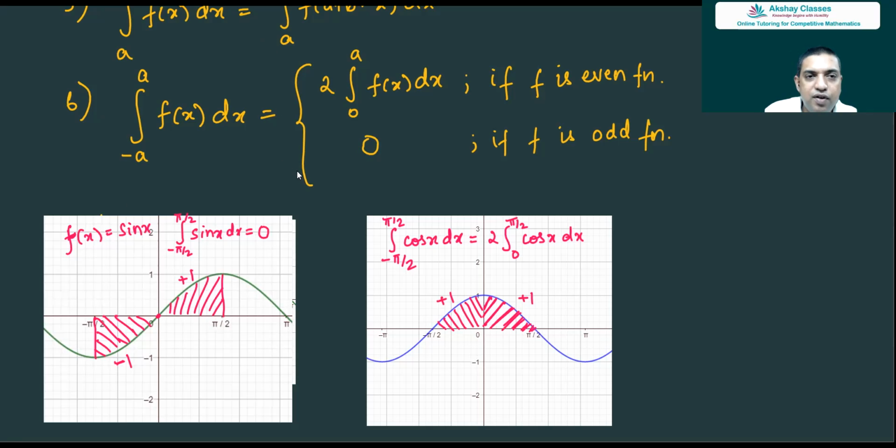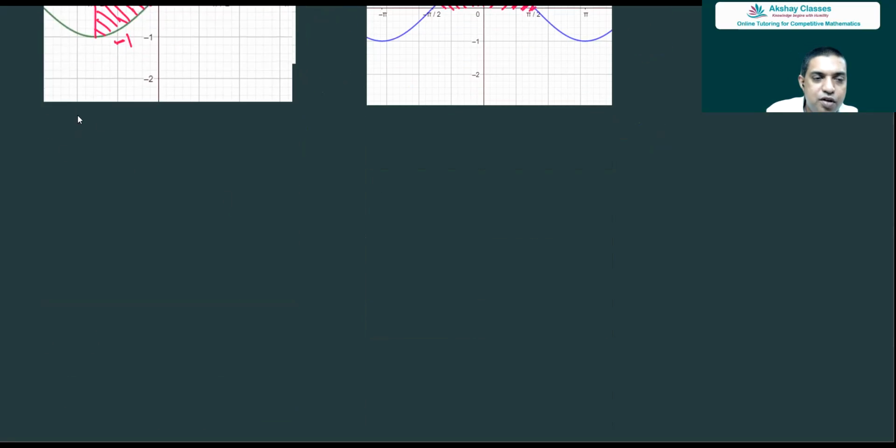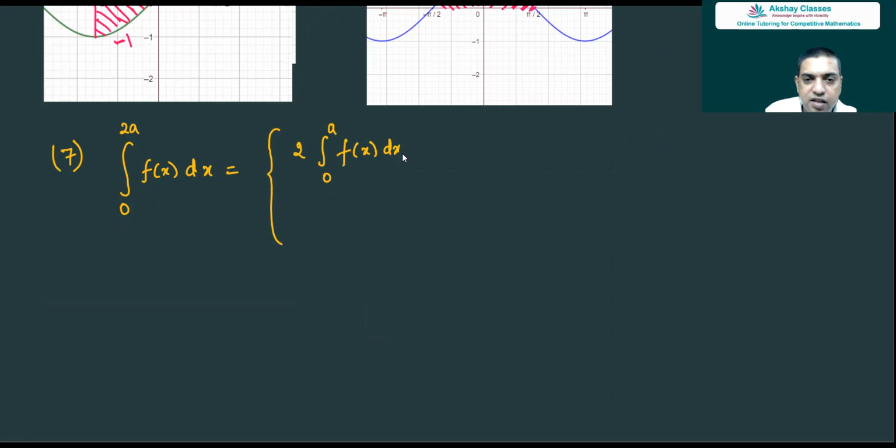And again, another property of symmetry, the last one we will do now, and then we'll do problems. Another property of symmetry is integral 0 to 2a f of x dx is equal to twice of integral 0 to a f of x dx if f of 2a minus x is equal to f of x.